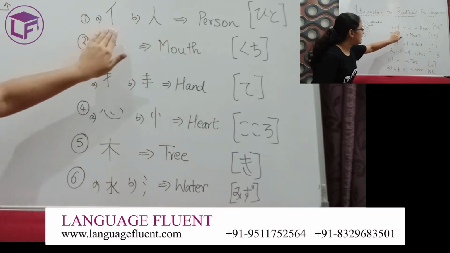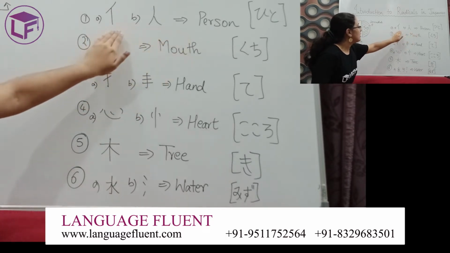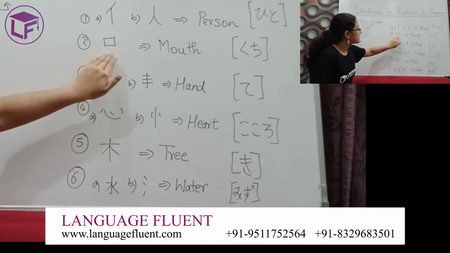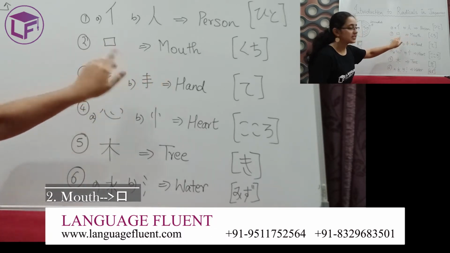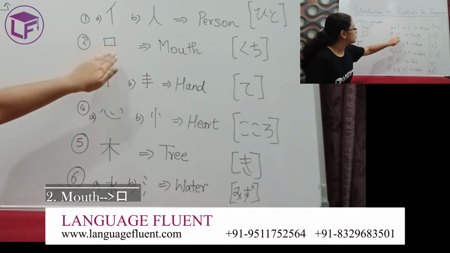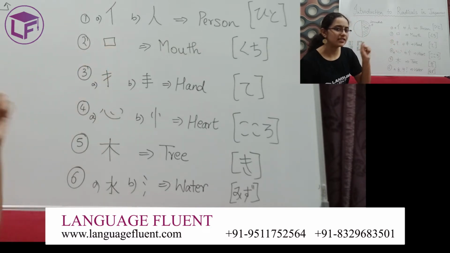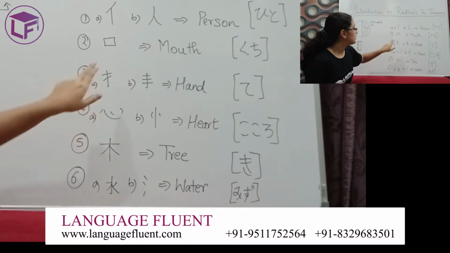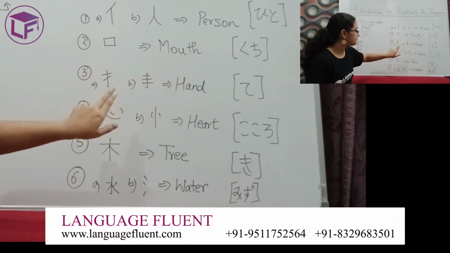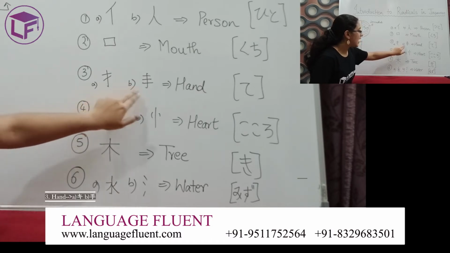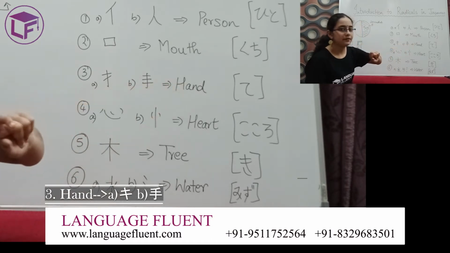This means person and even this means person. The second one is kuchi, which is the mouth. When you see this radical somewhere, you know that that particular kanji has something to do with the mouth.